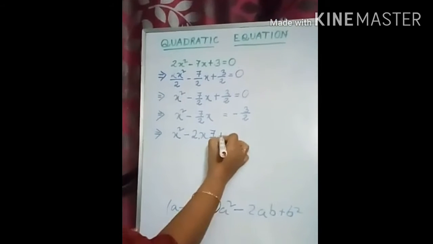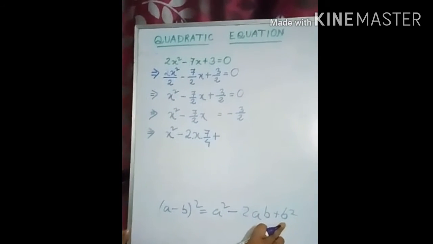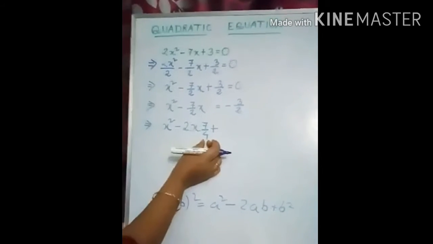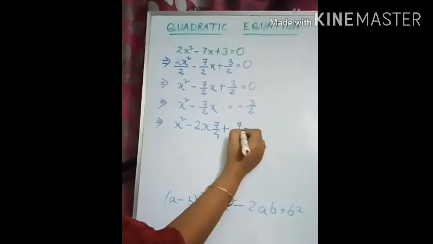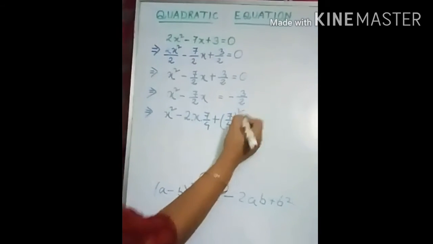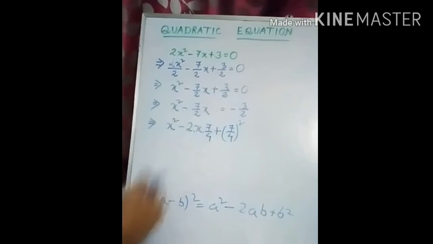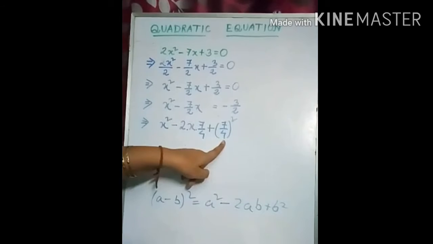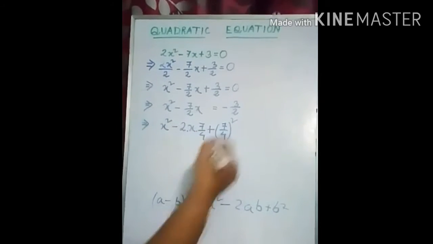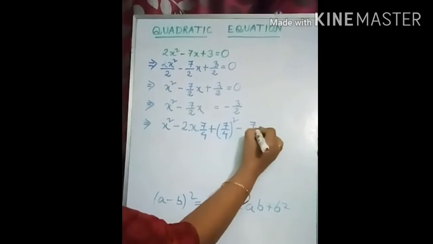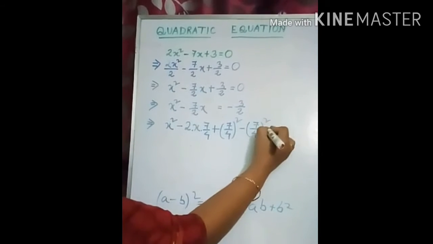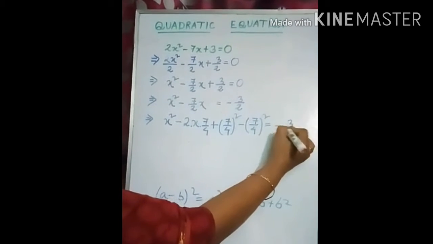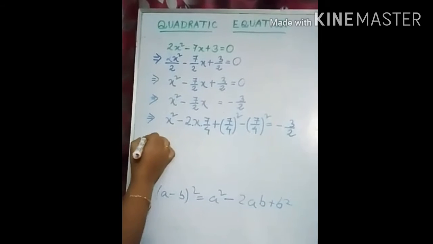Then plus b square. Now I am getting b as 7 by 4, so definitely 7 by 4 whole square. But in the upper line, 7 by 4 whole square is not there, so we are writing it extra. To balance it, we have to write minus 7 by 4 whole square, equal to minus 3 by 2 as usual on the right hand side.